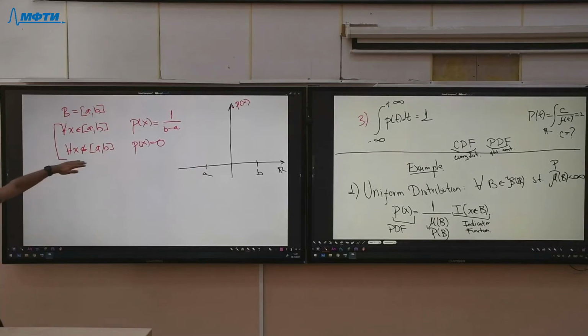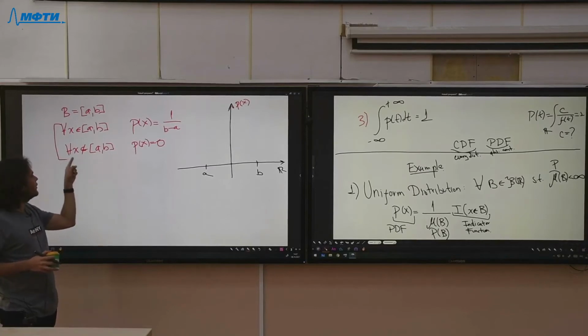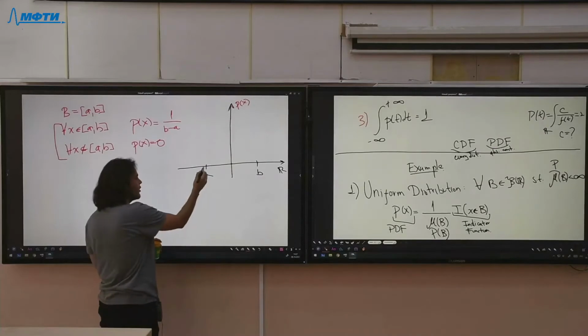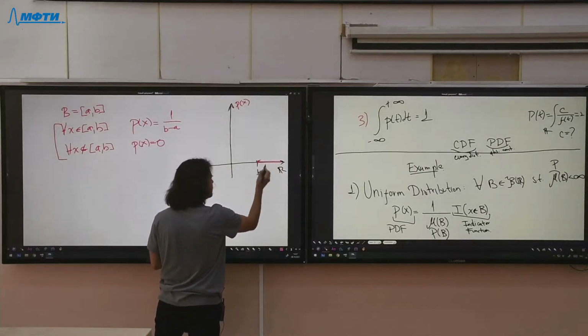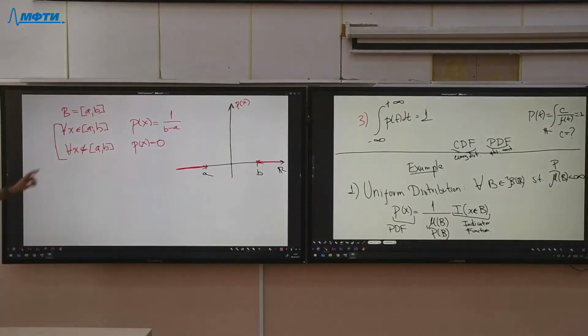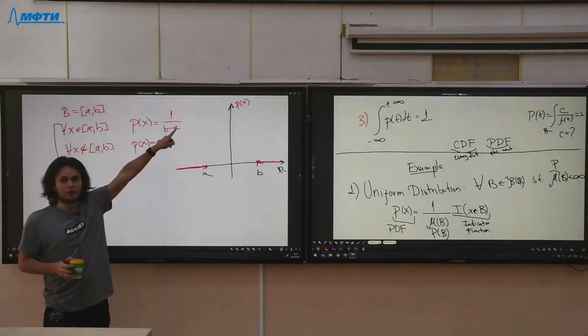So what is that? If x doesn't belong to this interval, then that's 0. So we have that this is 0 here and 0 here. And if x belongs to this interval, this is this number.